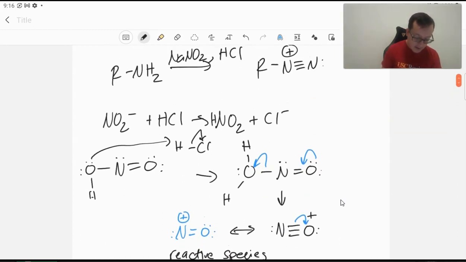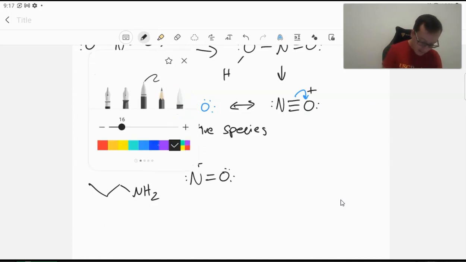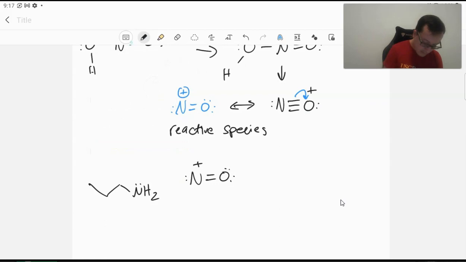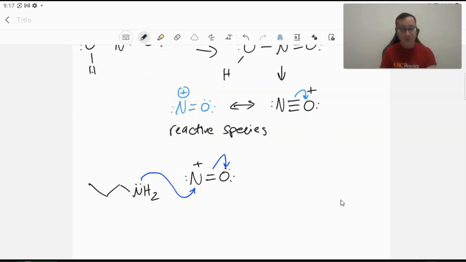So let's take an amine. Let's say we've got that propylamine here. We're going to take our reactive species, and we're going to go ahead and attack it, just as if this was a carbonyl or something.